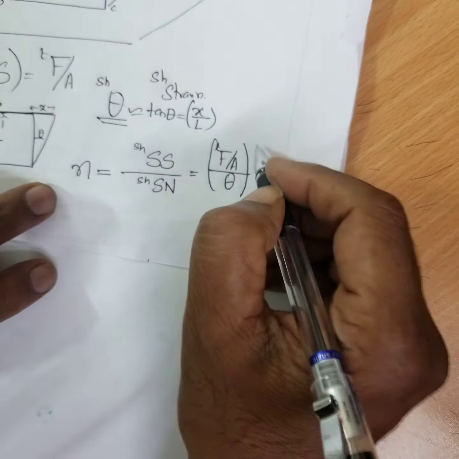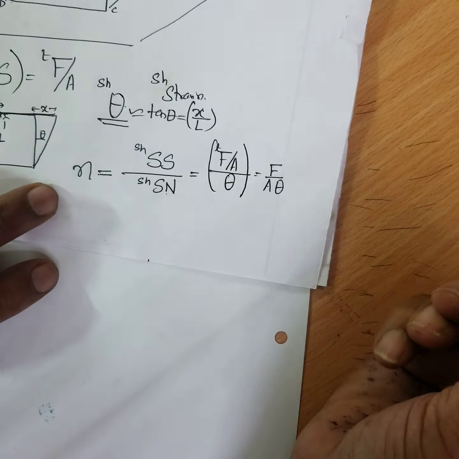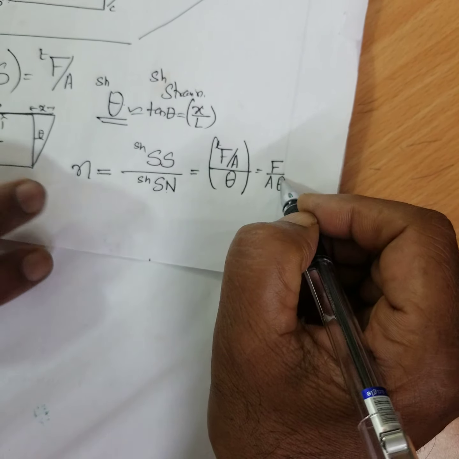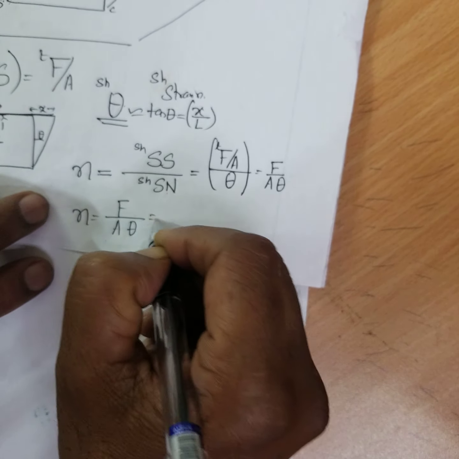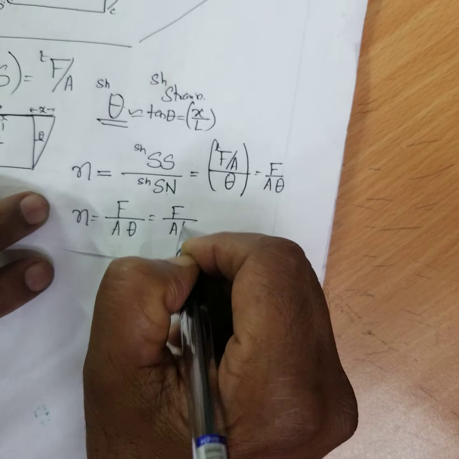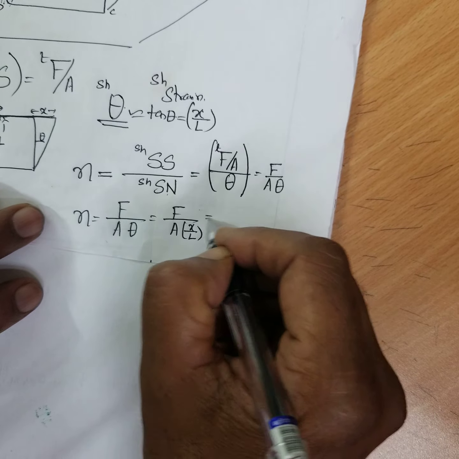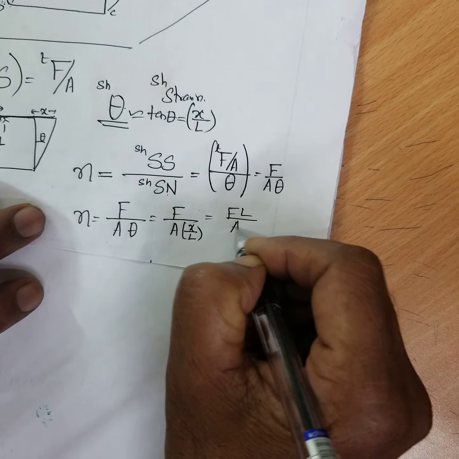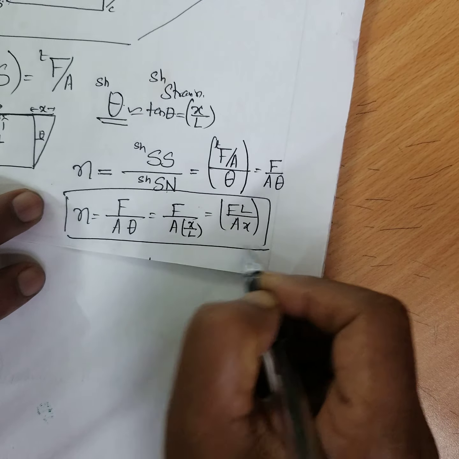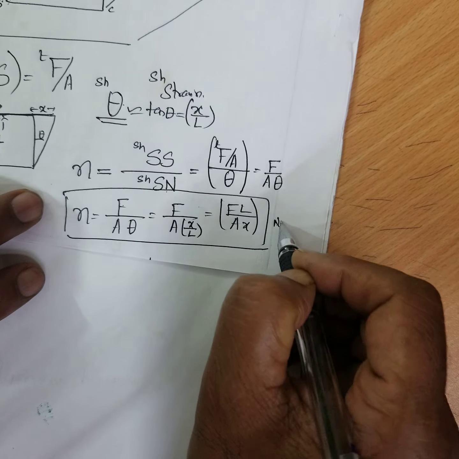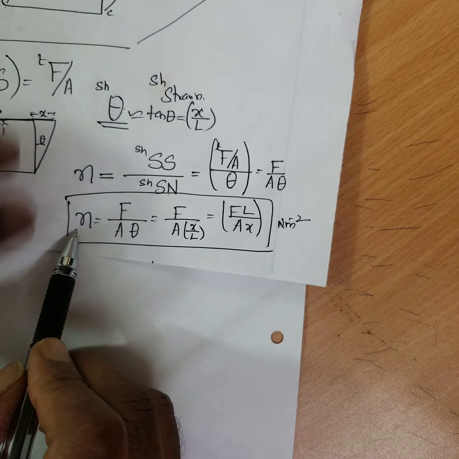But theta is equal to x by L. Therefore, N is equal to F by A divided by theta, which is F by A divided by x by L. So N equals FL by Ax. This is the formula, and the unit is Newton per meter square. Now the rigidity modulus is this.